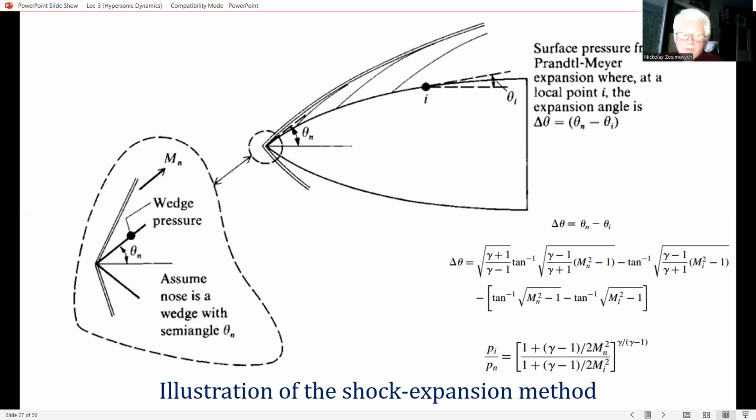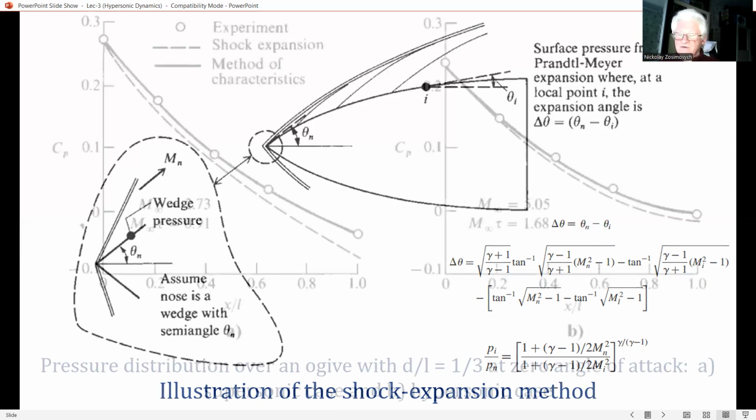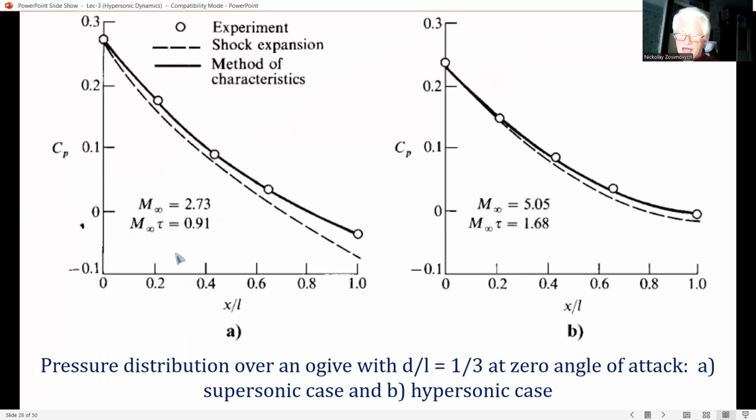Results for the shock expansion method applied to an ogive at 0 angle of attack are shown in this figure. The ogive has a slenderness ratio, I hope you remember, D to L, of 1/3. In the figure on the left side, the results are for the supersonic Mach number 2.73. Whereas in the next figure on the right, the Mach number is a bit higher than 5.